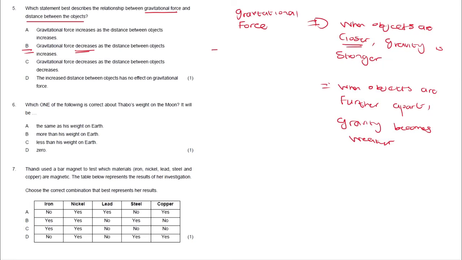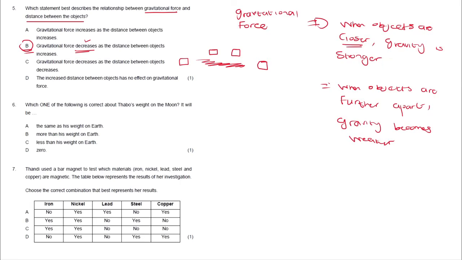Let's say we have object A and object B. They're not too far apart from each other, so the gravity force is strong. But when the distance between the two increases, the gravity force becomes weak. It decreases. That's what we mean by decrease. So our correct answer will be B.